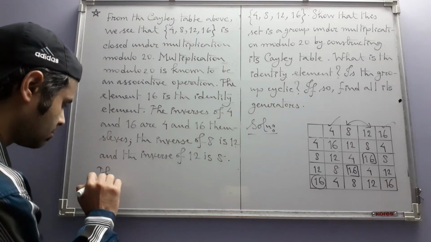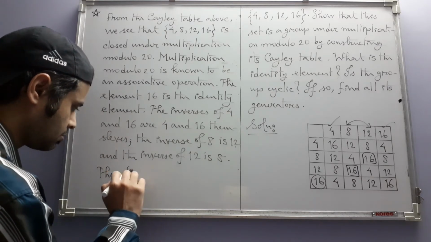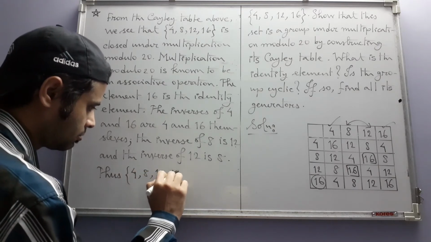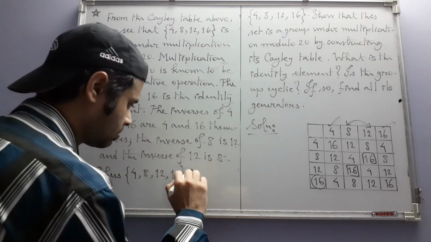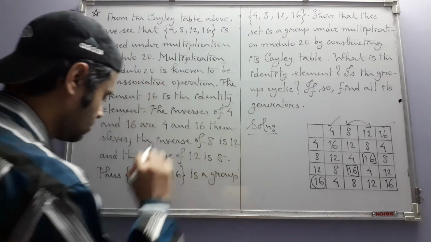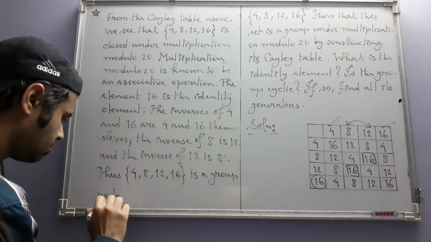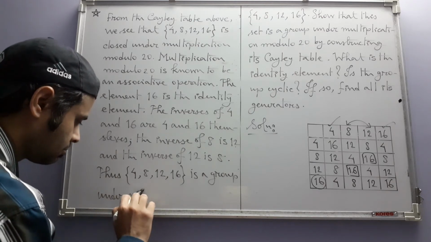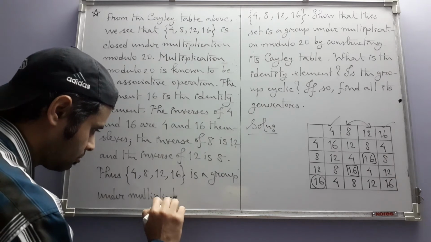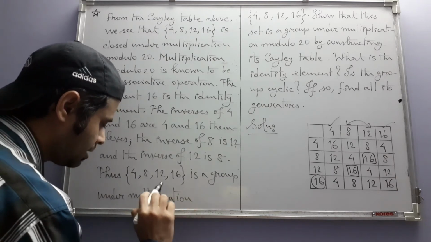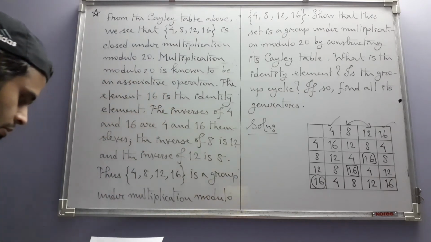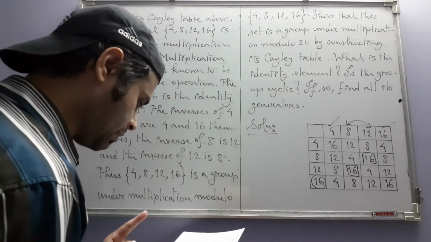Thus, this is a group under multiplication modulo 20. Oh, is it 20? Am I writing correctly?